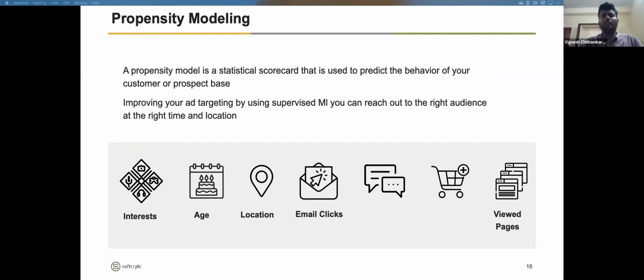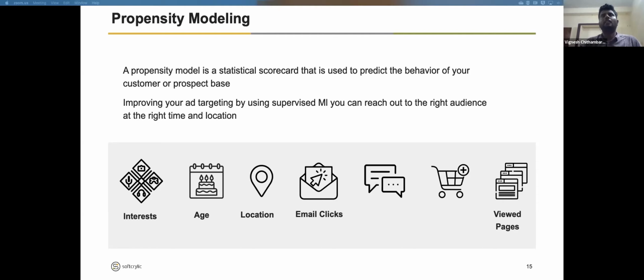We don't know why the rest of the 99% did not click your ad or view your ad. It may be due to wrong targeting, or it may be due to an ineffective strategy. To improve your ad targeting by using supervised ML, to reach the right audience at the right time and the right location, we can use propensity modeling.